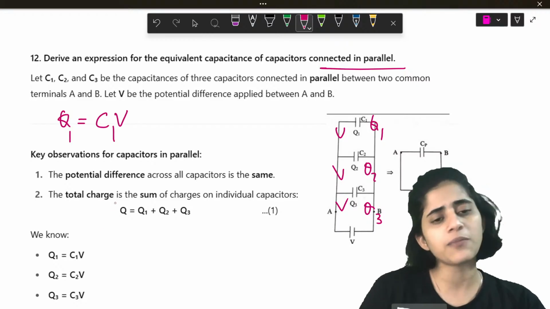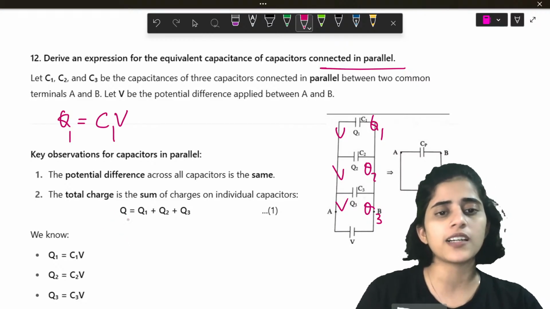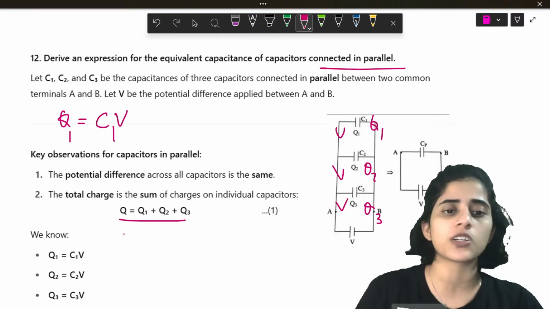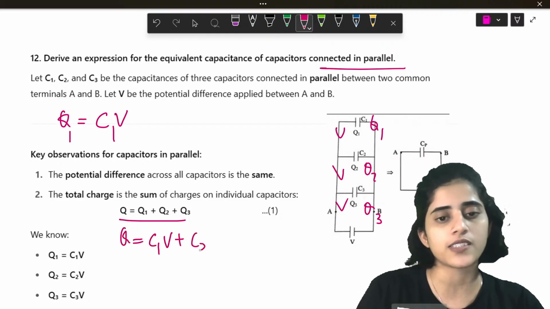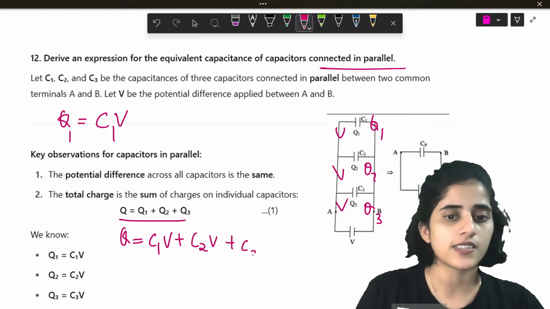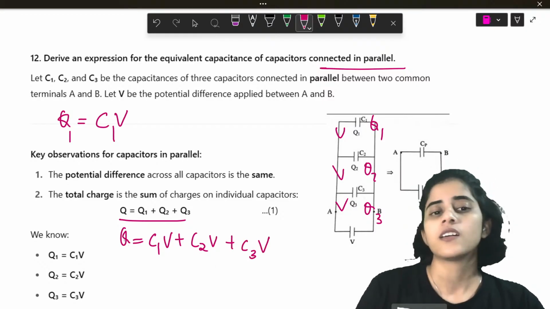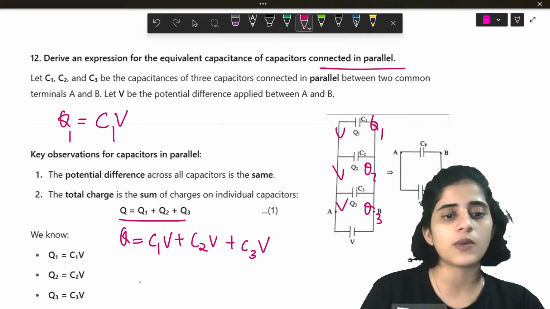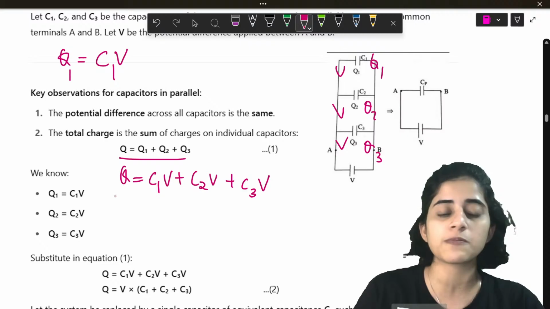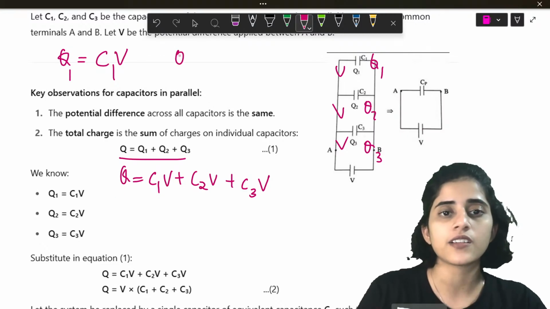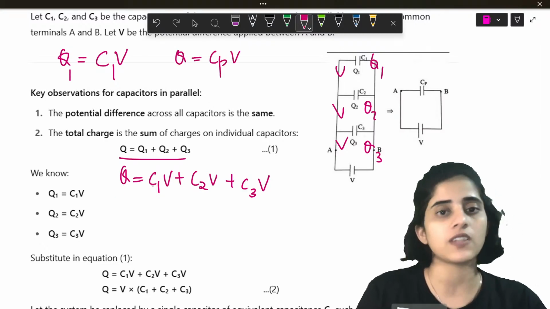So you have these formulas and then I'll substitute them in this. So what will it become? Q is equal to C1V plus C2V plus C3V. Now what is Q? Since it's parallel, I can write Q is CPV.